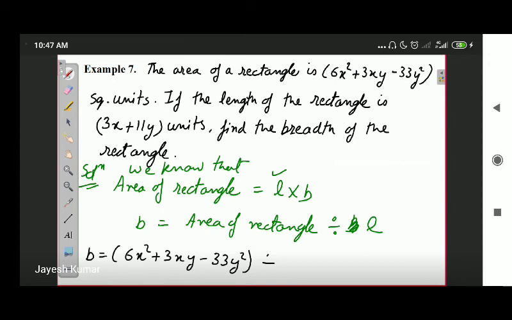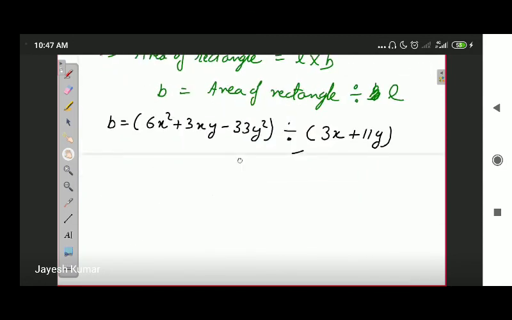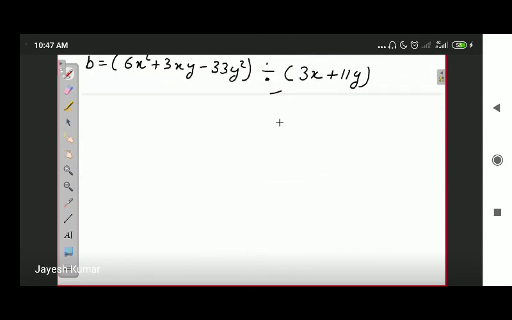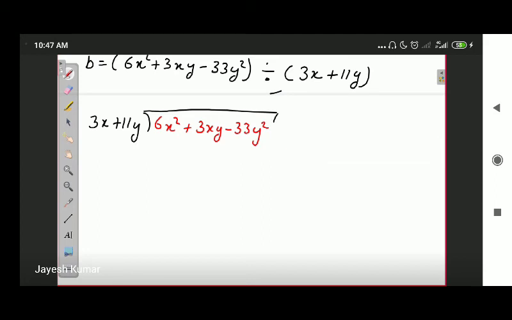Okay. In this case also the remainder is essentially going to be equal to 0. As you can see, the terms are arranged according to their order. Now, what should we multiply with 3x to get 6x square?